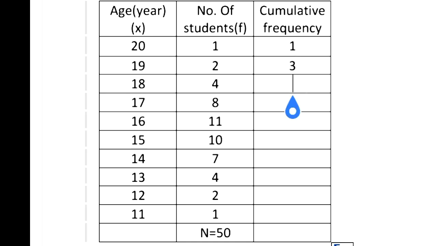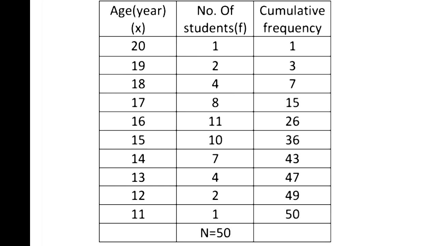Then 3 plus 4 equals 7. 7 plus 8 equals 15. 15 plus 11 equals 26. 26 plus 10 equals 36. 36 plus 7 equals 43. 43 plus 4 equals 47. 47 plus 2 equals 49. Then 49 plus 1 equals 50.